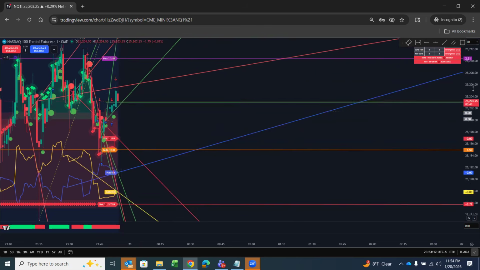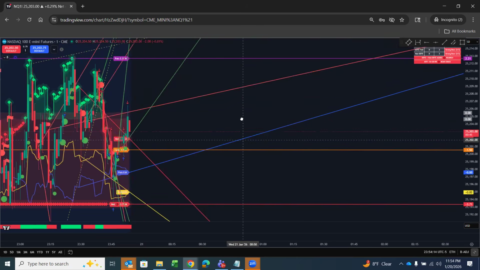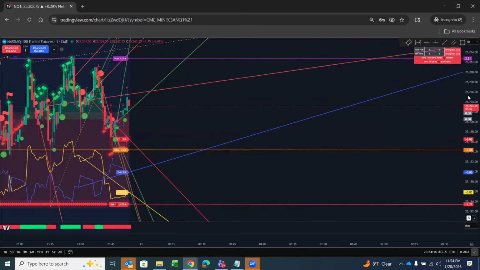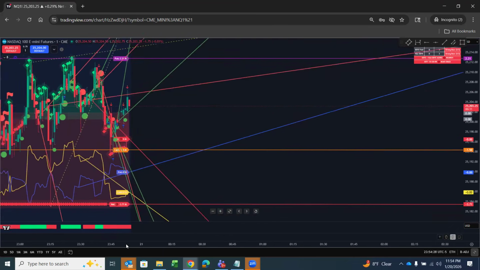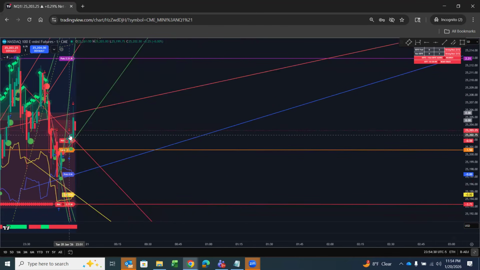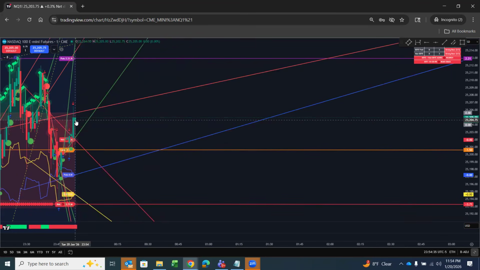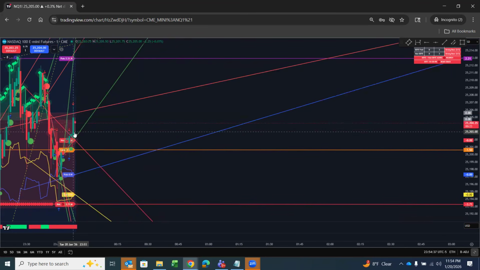So what is a fair value gap? Oh, that one just got closed. I was about to show everyone. Let's see here. A fair value gap is the space from, let me zoom in so you guys can see a little better. So this candle, where it closes and where this candle opens, is a fair value gap.